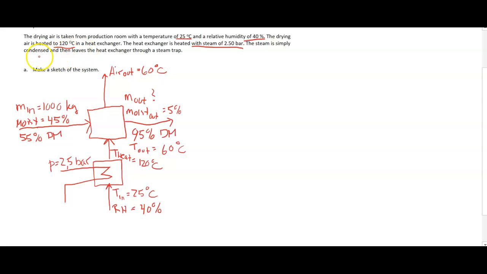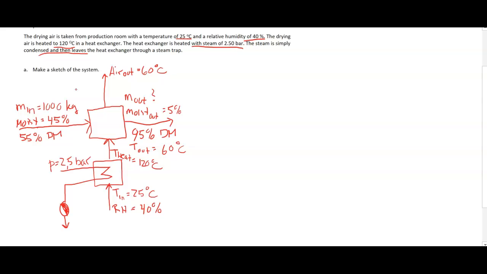The steam is condensed and leaves the heat exchanger through a steam trap. So we draw a steam trap here. This is a condenser. So we get condensed steam out here. So this is basically a drawing of the entire process.